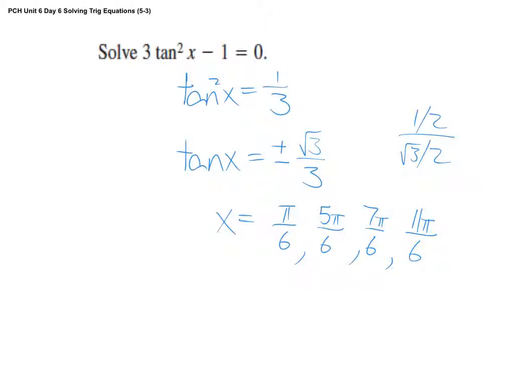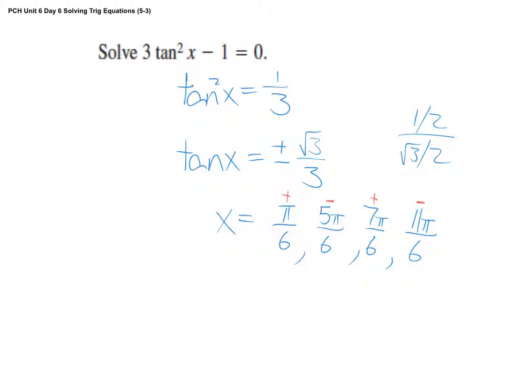Tangent is positive in the first and third quadrant. It's negative in the second and fourth quadrants. So if you wanted to note that to yourself, that might just be a good habit to get into.